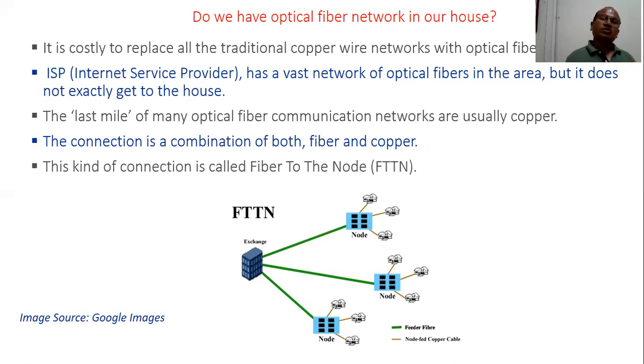Once it reaches some place, the fiber optic cable is connected to the node and the node distributes the signal inside the house. This type of connection is called FTTN, fiber to the node. Fiber to fiber is possible, but to the end users, nodes generally connect through normal copper wires.